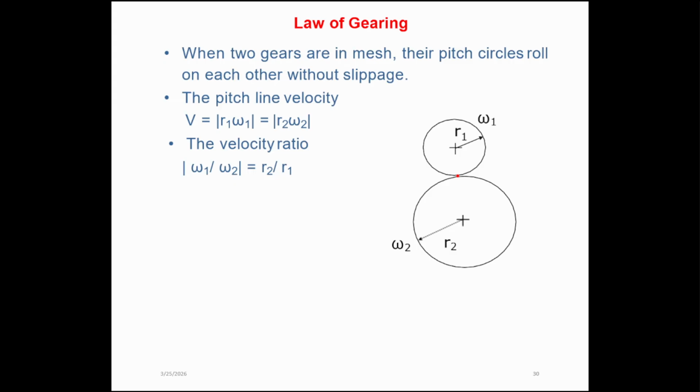The pitch line velocity is similar for both wheels, right? You know how to get the pitch line velocity, V equals R omega. The pitch line velocity is similar. If not, this cannot happen in gearing. If it is a friction wheel, it is possible, which means it is slipping, right?